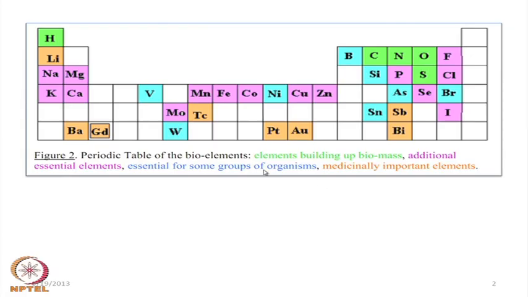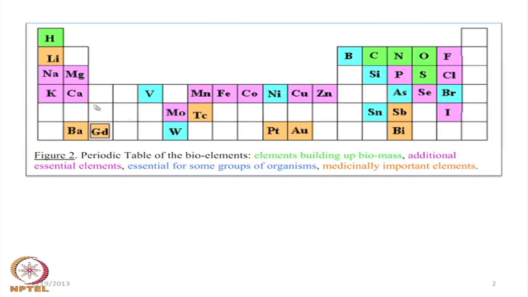So, from the entire periodic table, we focus on some of these systems, because it is not possible to cover everything, but we can classify them in terms of groups. These groups, starting from sodium to iodine, are essential elements which can carry out important reactions in the living system, such as iron in blood, cobalt in vitamin B12 and all these things.